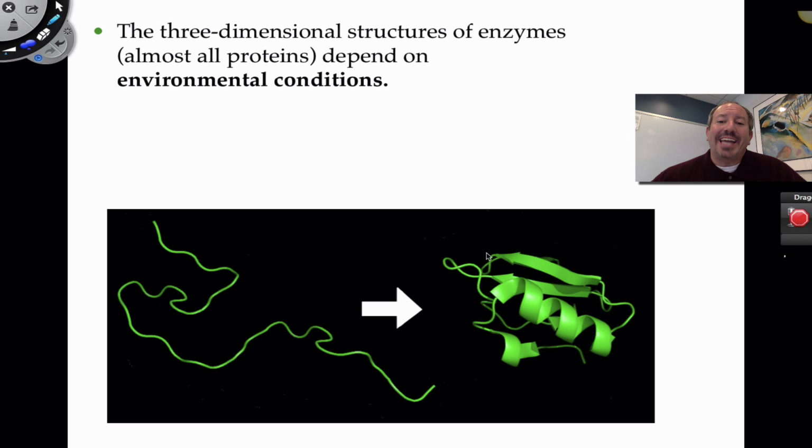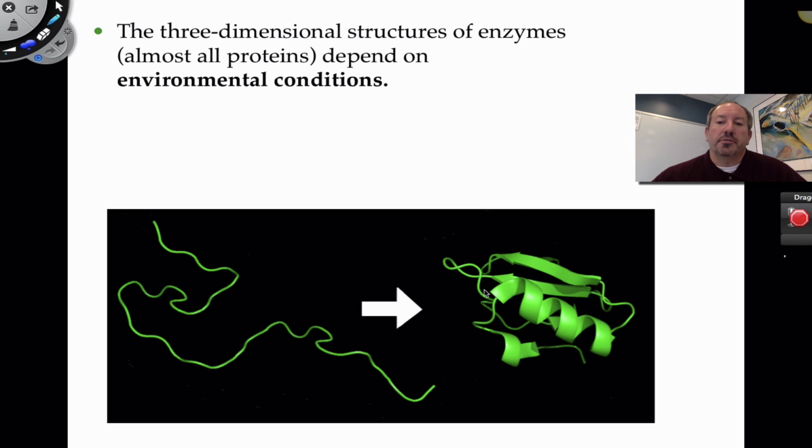And so anything that would alter its structure is either going to enhance, let's keep it positive, it might even enhance the enzyme's ability to act as a catalyst, or it could be detrimental or deleterious. And so the environmental conditions will influence this.